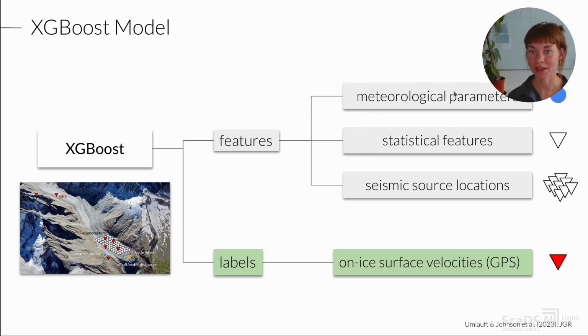And as features, we use meteorological parameters from the weather station over here, statistical features from the seismic stations, and here we only pick a few of individual seismic stations to do that. And finally, we used the entire array, all the 100 stations here installed in the ablation zone of the glacier to derive seismic source locations.